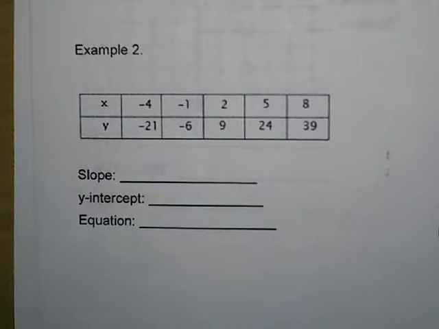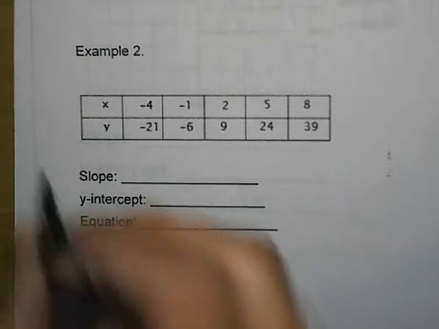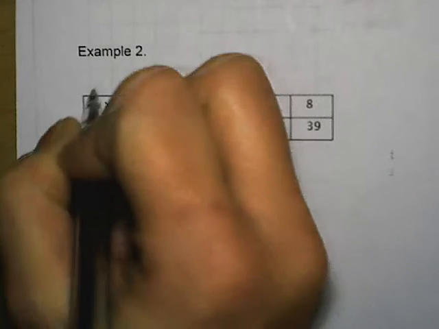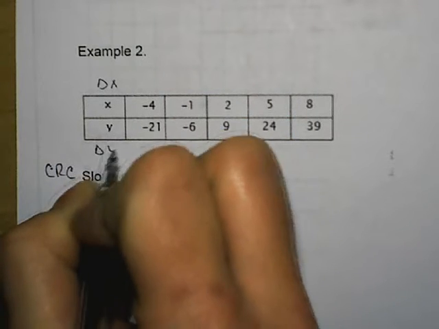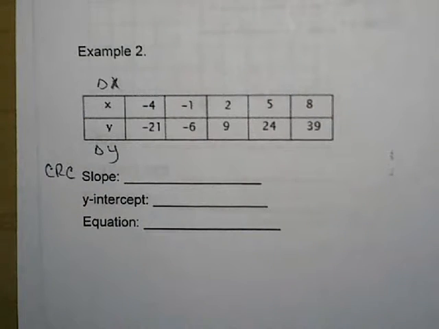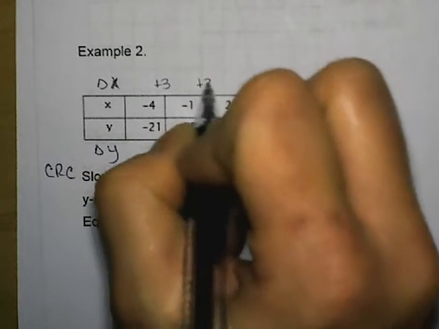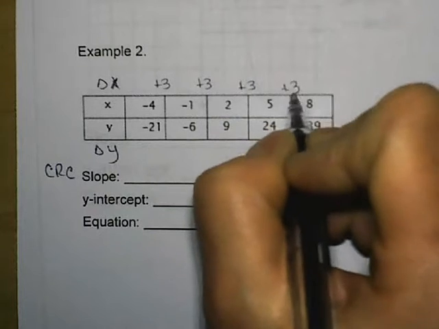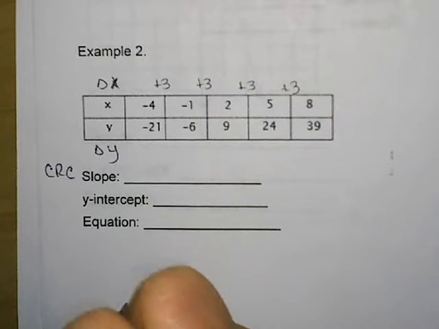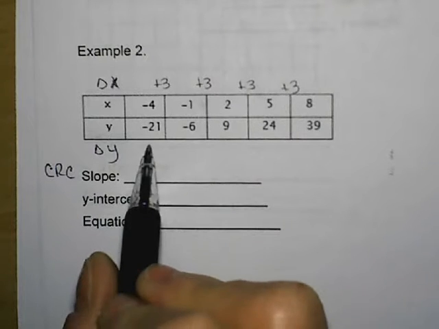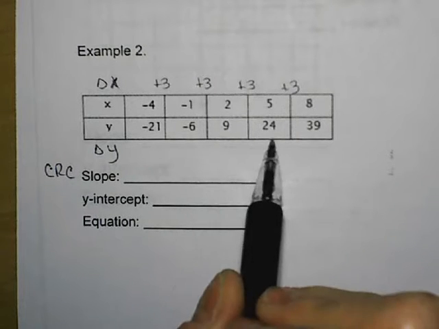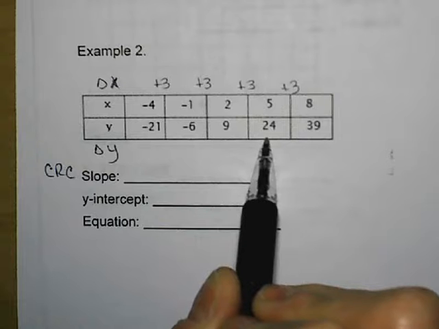Let's look at example number 2. If you notice in number 2, there is not an x value of 0, so this is one where we are going to have to find it. First, let's find the slope, the change in y over change in x. It looks like x is going up by 3, and y is going up by 15.